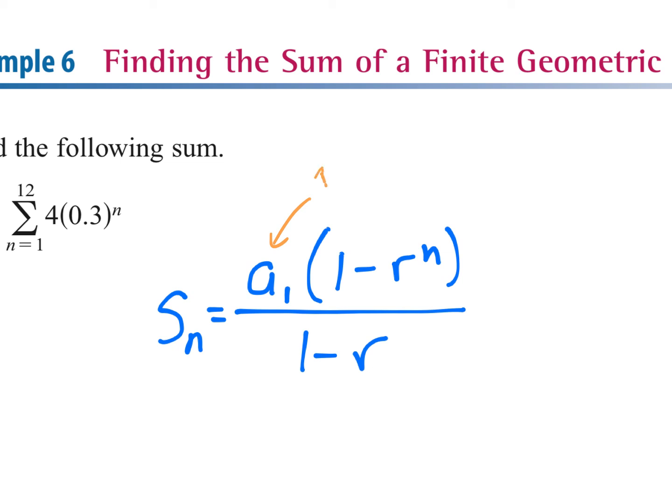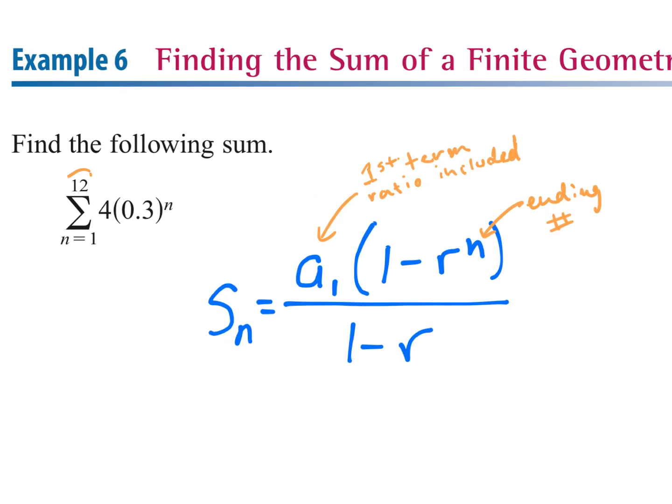So this is the first term, ratio included. The n is our ending number. So it's going to be the number on top of our summation here. So our ending number is our n, and our r is our ratio.